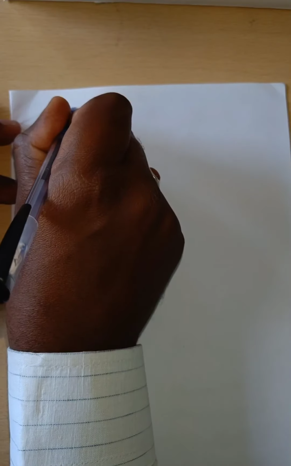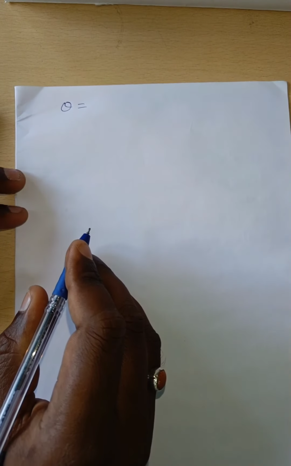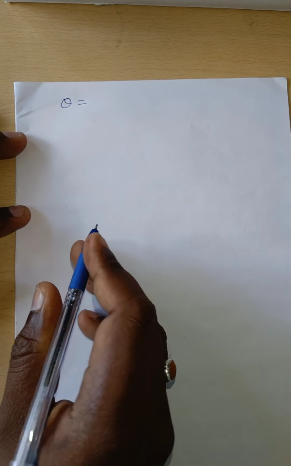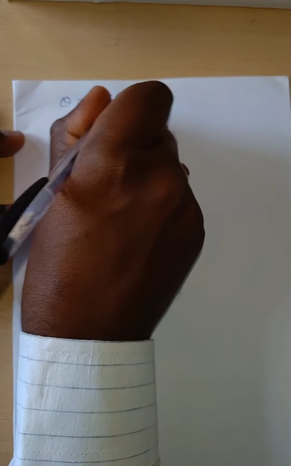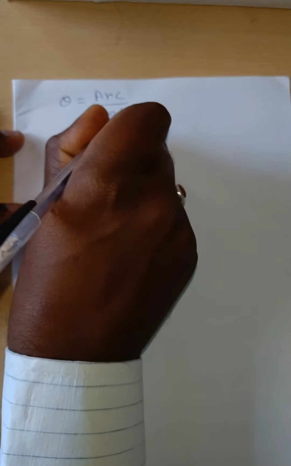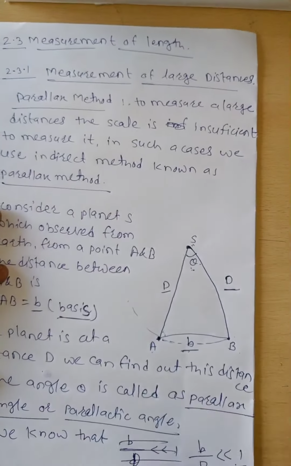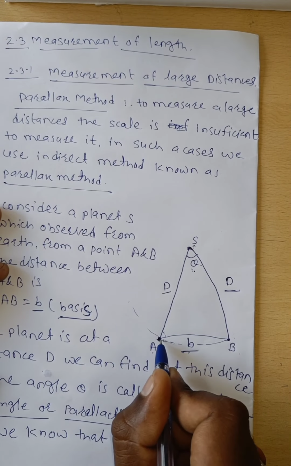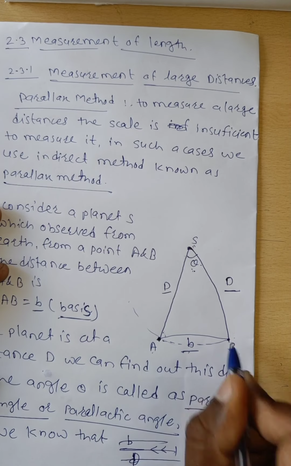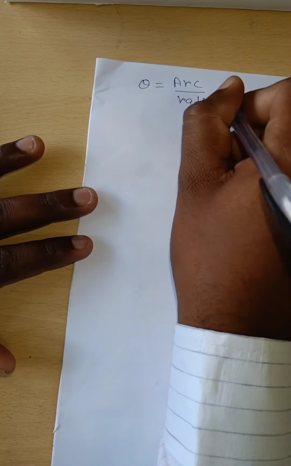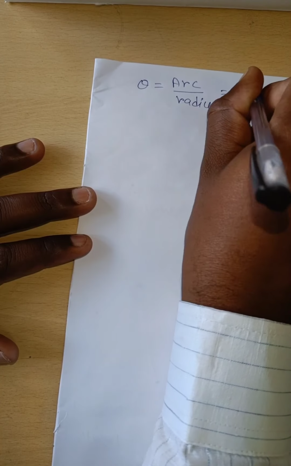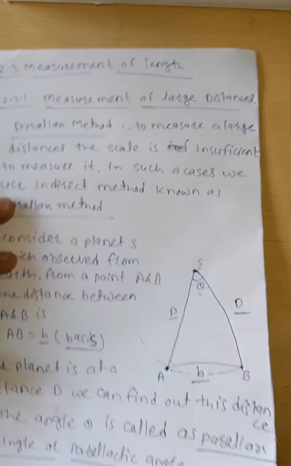Then what is the formula of angle theta? Plane angle theta is equal to arc divided by radius. The arc is nothing but the distance from A to B, divided by the radius.